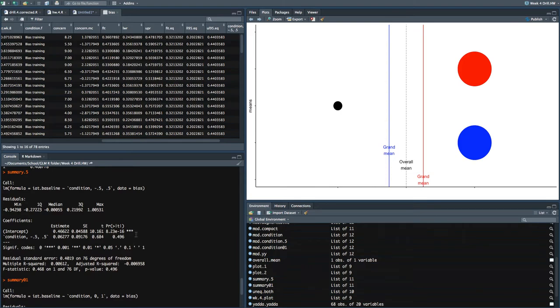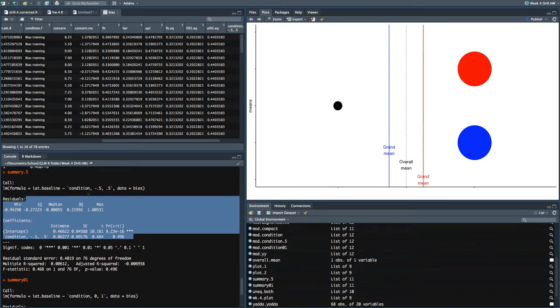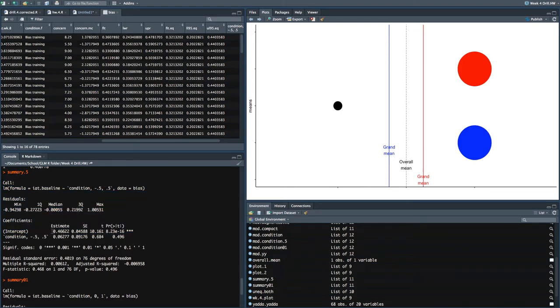So again, in this effect coding, -1/2 and 1/2, our intercept is the grand mean, and the estimate of the slope is the difference between groups.